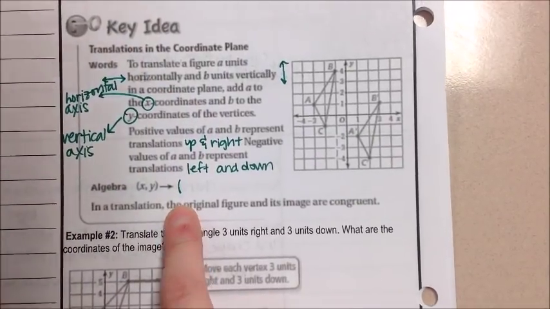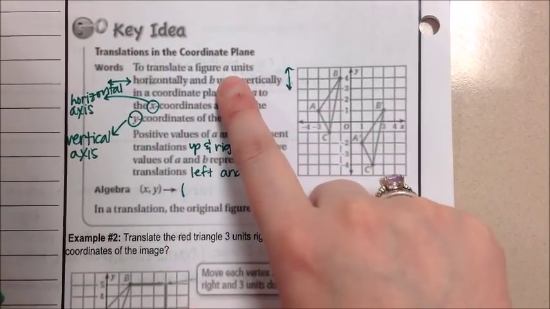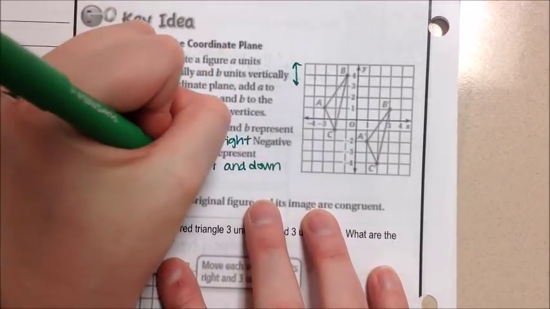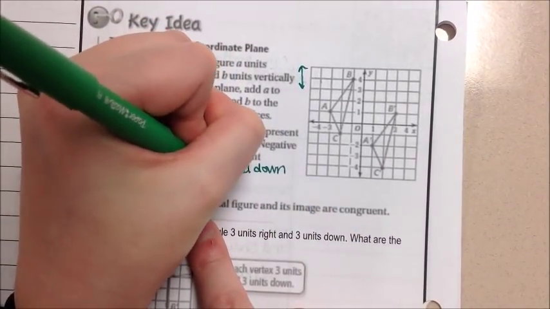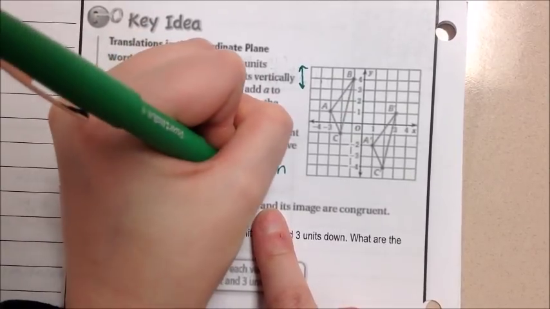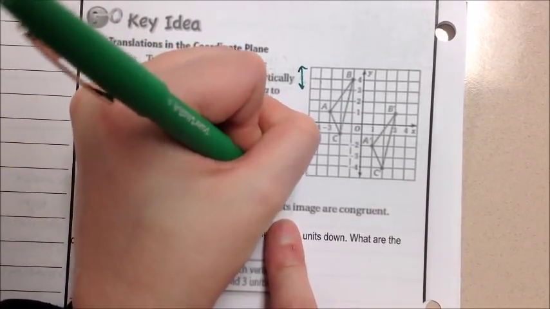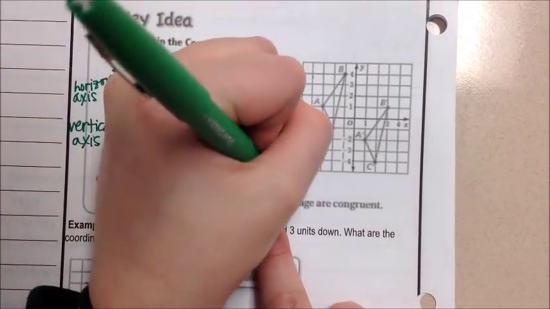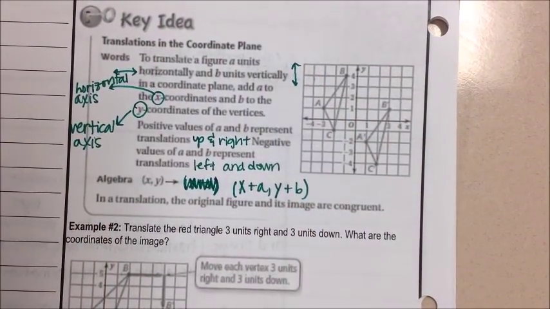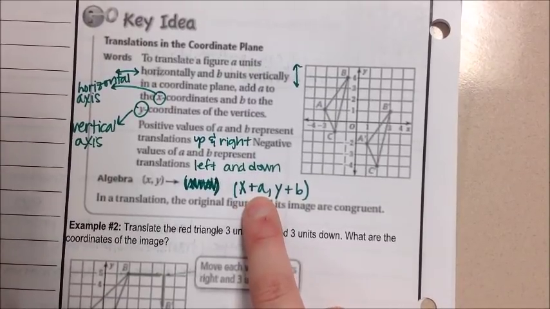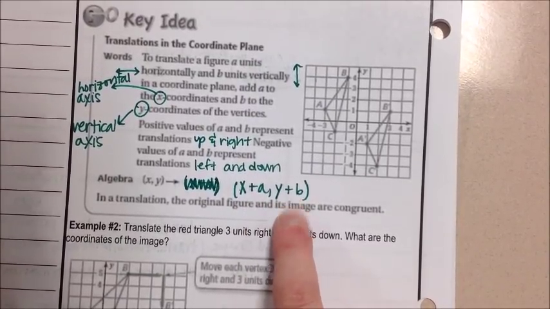If I have a movement of A, that's x plus A, and if it would be the other direction, it would be x minus A. And then for the y values, I would be adding or subtracting B if it's positive or negative. So this would be up A units, this would be right A units.